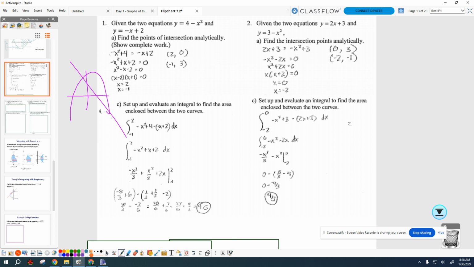That one graphs roughly like that. And that one's roughly like that.